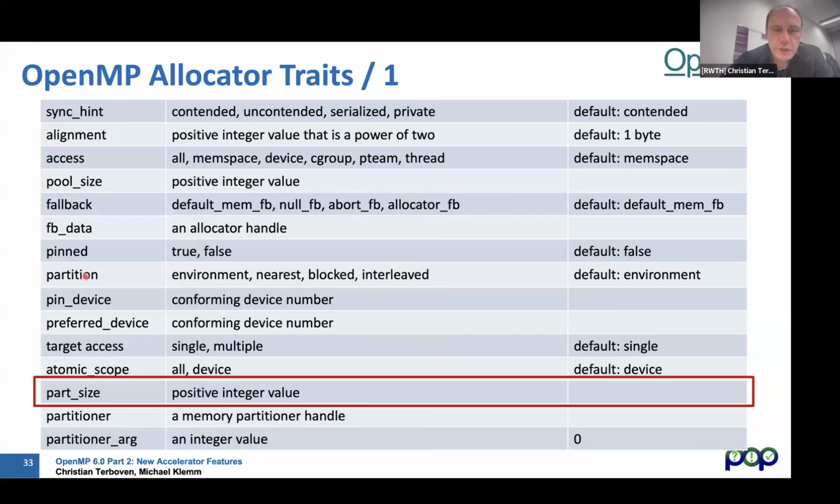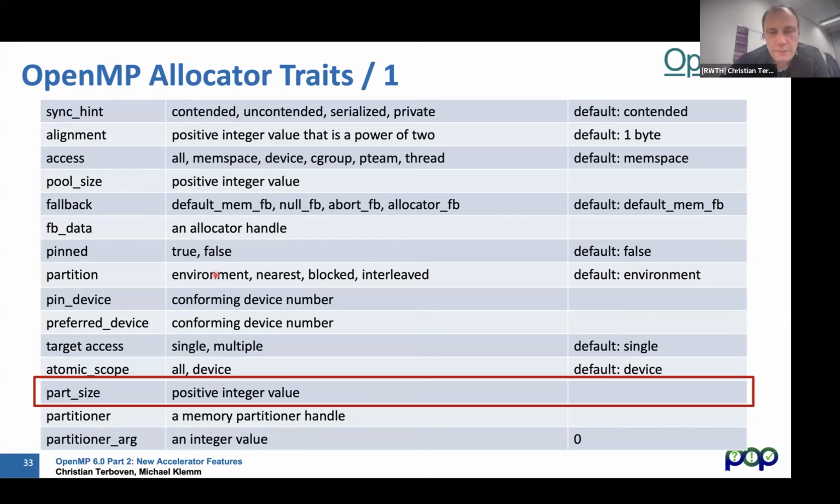The idea of the partition trait in conjunction with the part size as a partition size was to extend the support for non-uniform memory architectures in OpenMP, so that we can ask the environment to actually distribute the physical pages that are behind the logical memory allocation and initialization.